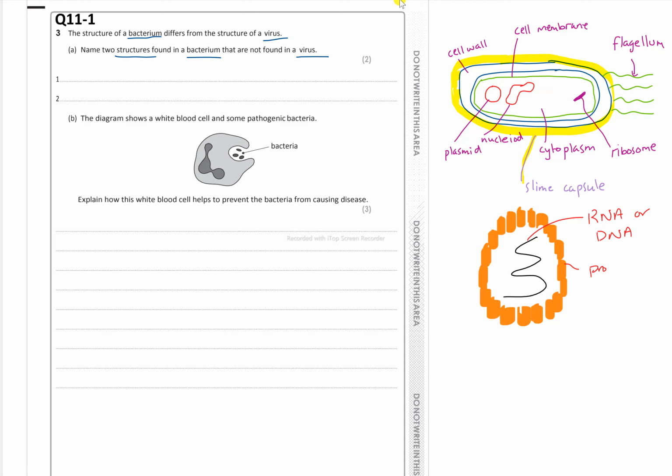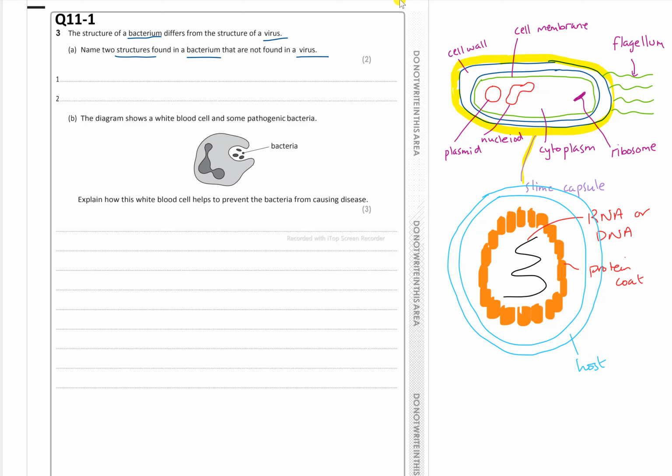This is the protein coat, and you also get this membrane, and it's taken from the host cell.